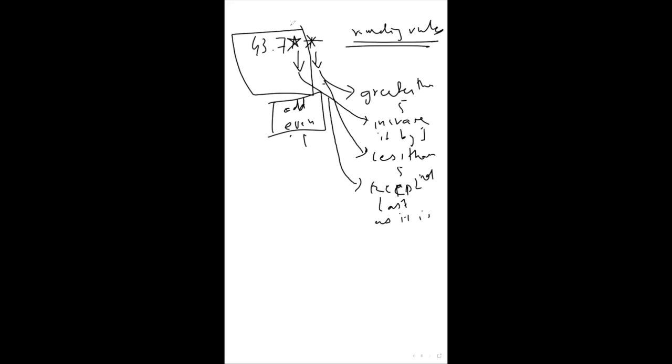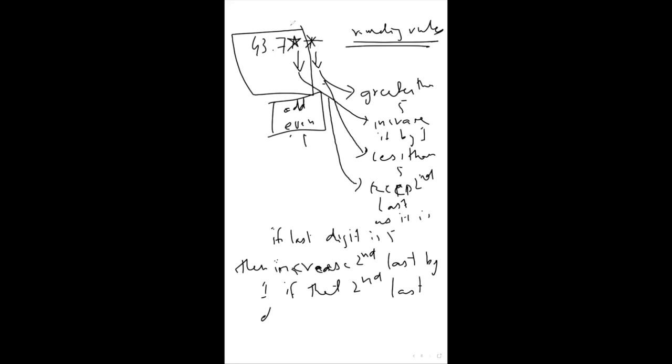If this last digit is 5, then increase the second last by 1 if that second last digit is odd, but keep this second last digit as it is if it is even.